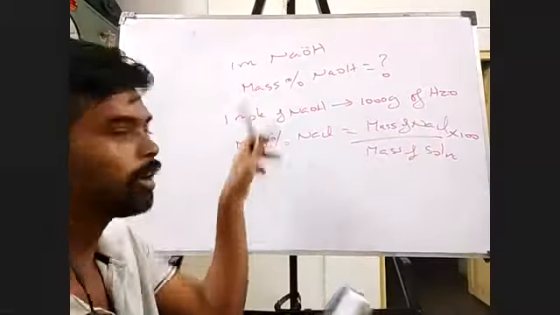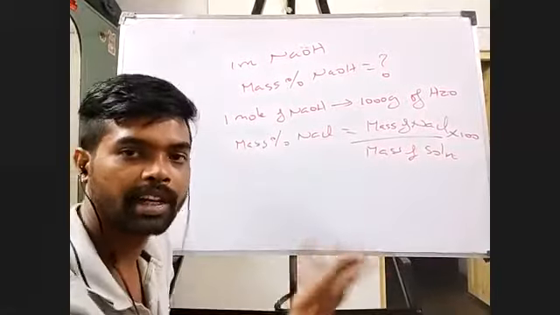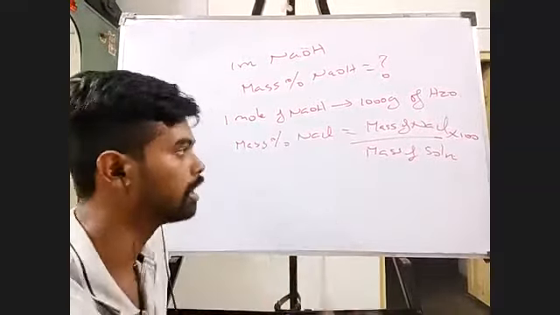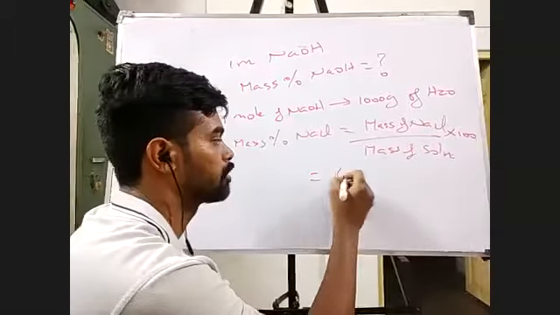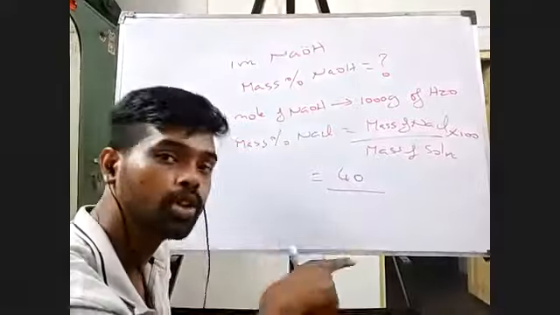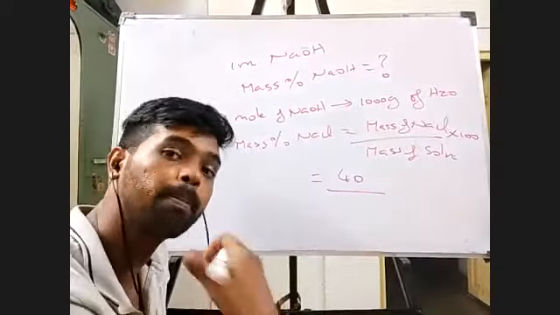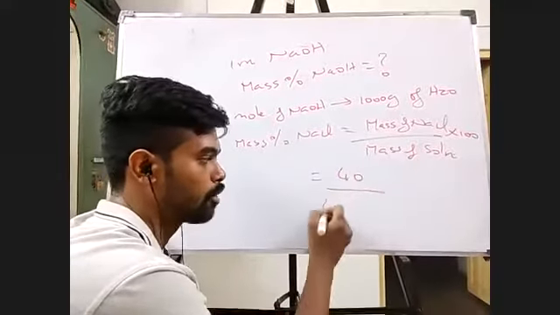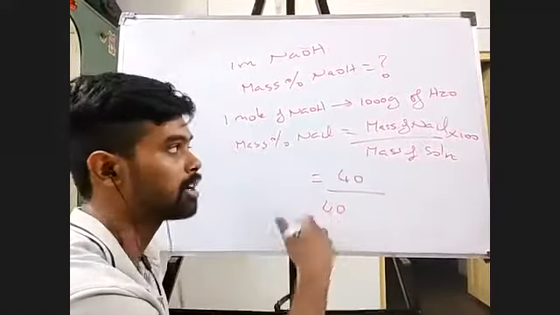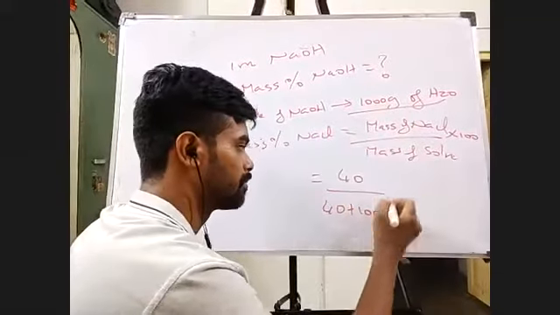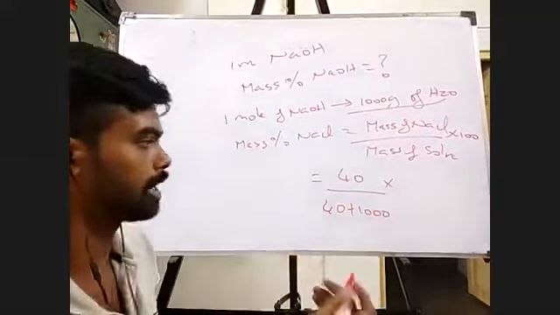I already know that I have 1 mole of NaOH, so I can easily find the mass. 1 mole will exactly weigh its molecular mass, so the molecular mass of NaOH in this case is 40 grams. Divided by the mass of solution, that is mass of solute plus mass of solvent. I know the mass of solute, which is 40 grams. What is the mass of solvent? 1000 grams. And that's it, into 100.